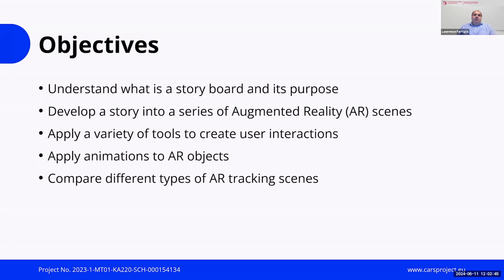And then we will also discuss a bit about the different tools that we can use in order to create user interactions within our augmented reality story, or specifically within the scenes in our augmented reality stories. So these are the two main focal points which are disclosed in the objectives that you are seeing.